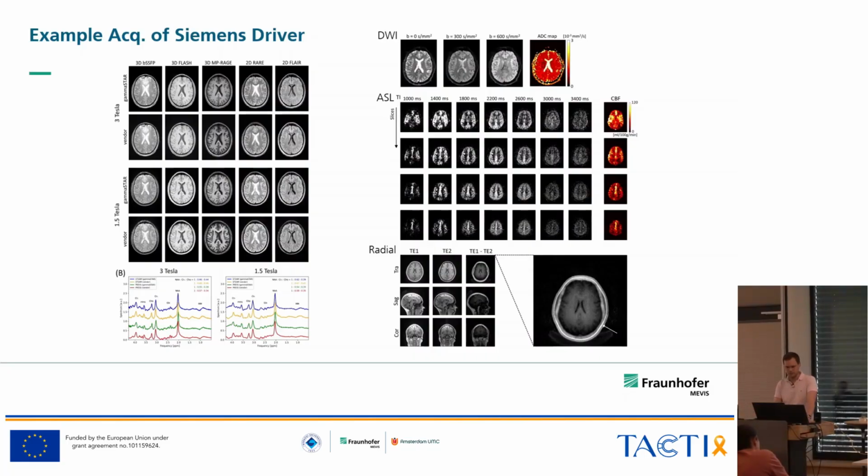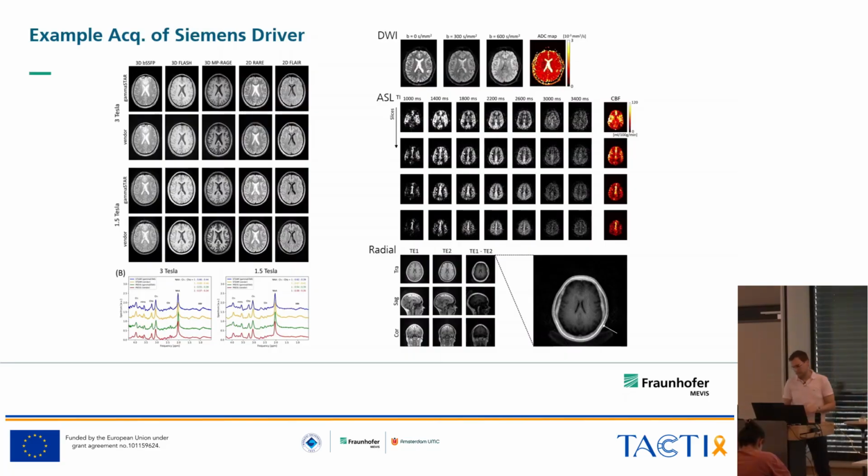We have by now quite a mature sequence library. So the typical clinical sequences, balanced SSFP, FLASH sequences in 2D or 3D, T1 MPRAGE, FLAIR, so everything that you are probably used to when reading about MR exams, and then also physiological MR sequences like arterial spin labeling, diffusion-weighted imaging, and also MR spectroscopy.